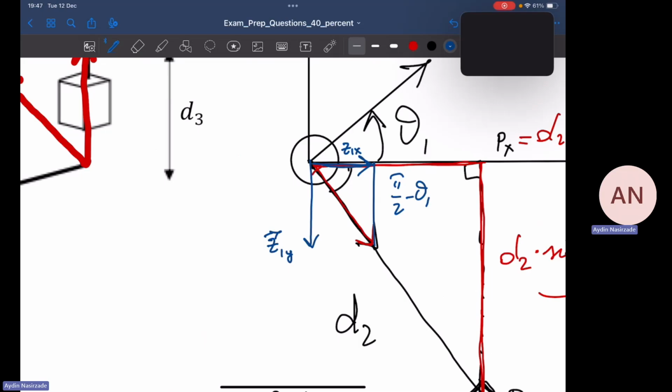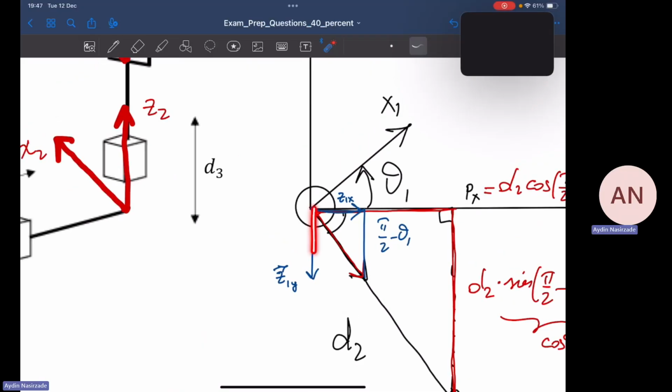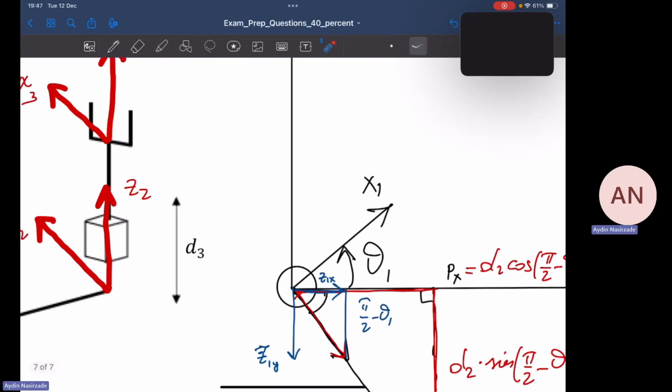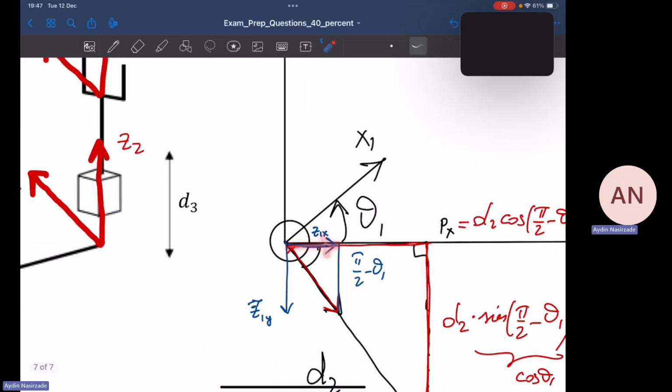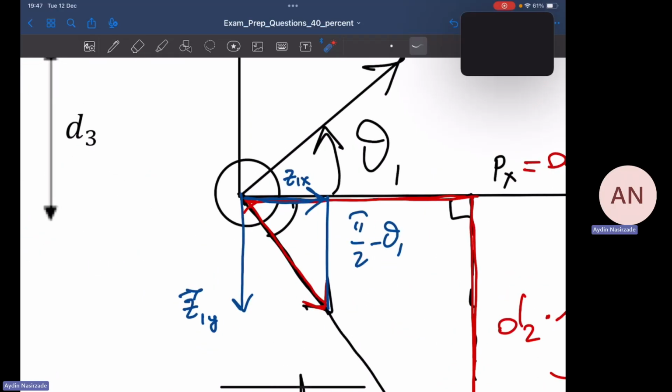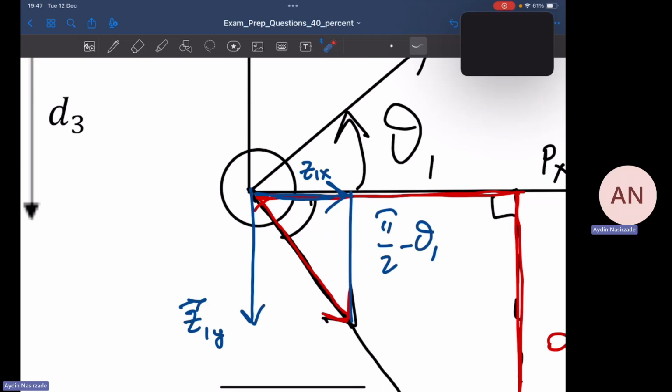By simply finding this side of this triangle, I get Z1Y, and this side will give me Z1X. It's so simple, but take into account that the direction of Z1Y is opposite to Y0, which is upwards, right? But luckily, Z1X and X0 actually align in direction. All right, so we are good.